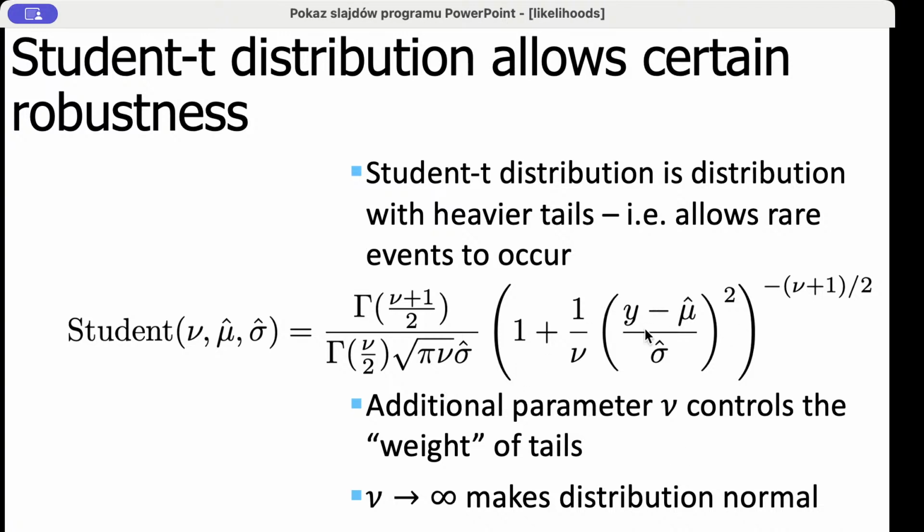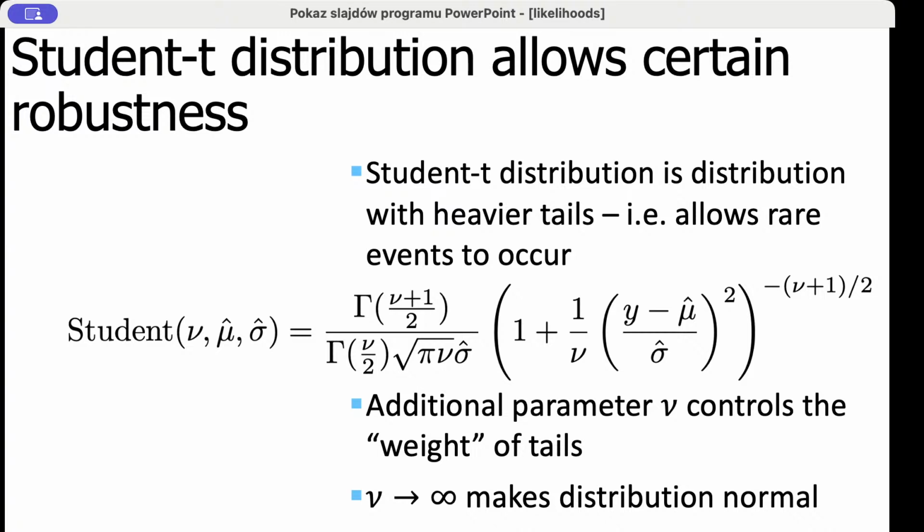Because this value becomes small for a large distance between y and mu hat, depending on the number of degrees of freedom, it will still have some probability in the Student t distribution.